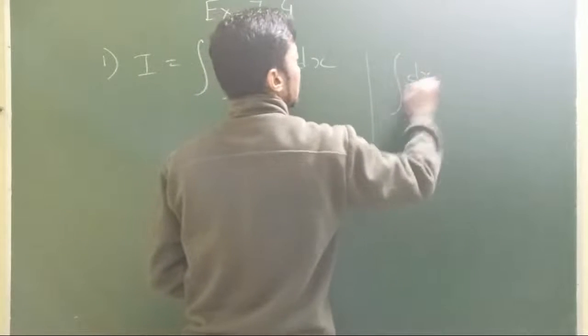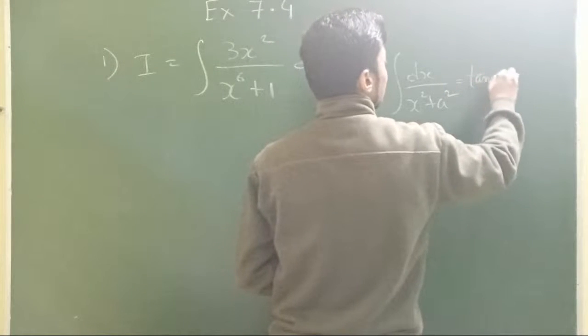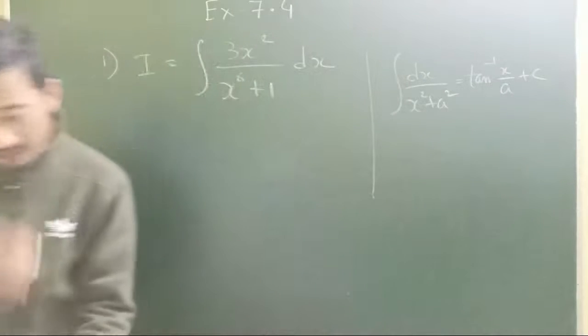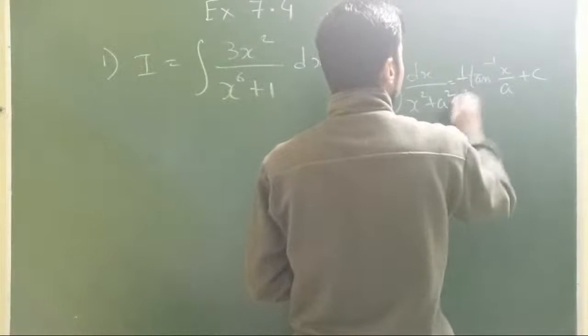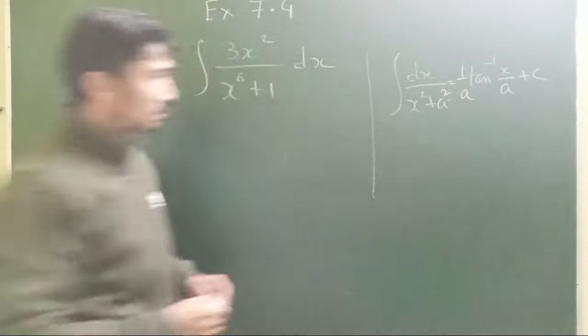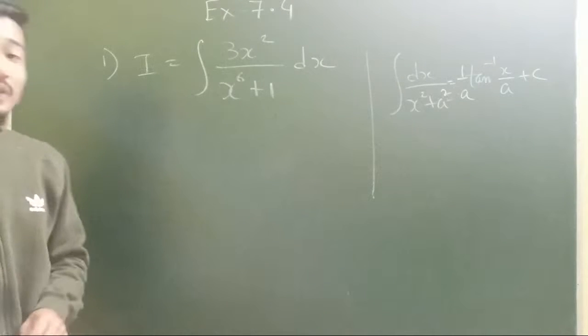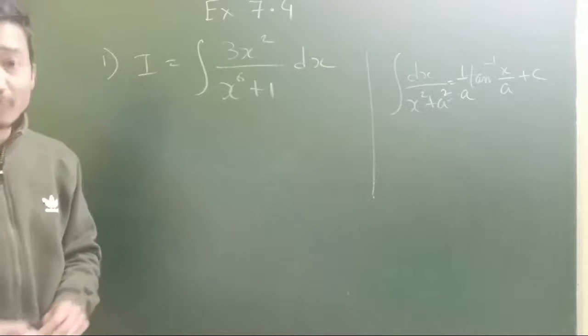Integration of dx by x squared plus a squared, that was 1 by a into tan inverse of x by a plus c. So here we will be using this particular formula, but it's not in the proper form.